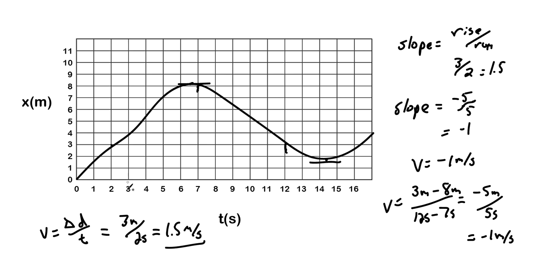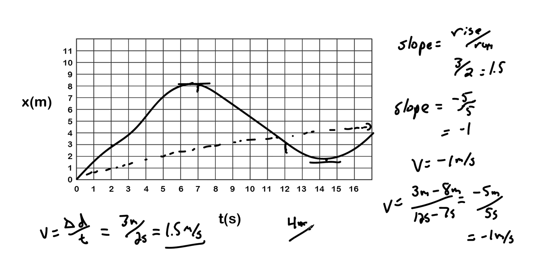Now if you wanted to get our overall velocity for the graph, see how well I can draw a dotted line, that would be our overall displacement. So our overall displacement, we went from 0 to 4 meters in our time of 17 seconds.